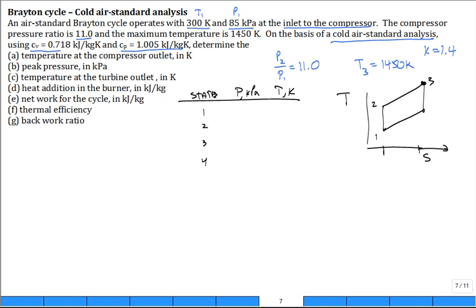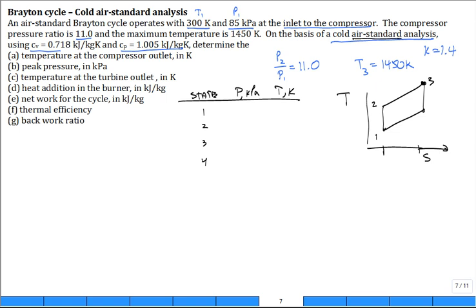Well, with the air standard analysis, we replace it with only air, it's never CO2 and water vapor, and we replace the intake and exhaust by a heat exchanger, and then we replace the combustion by a heat exchanger, those things for the air standard. Now with the cold, that's an additional assumption that we're going to use constant specific heats evaluated at room temperature or atmospheric ambient temperature, even though the temperature is spanking hot at state 3.